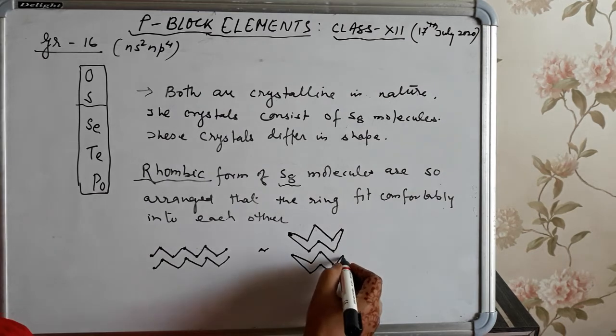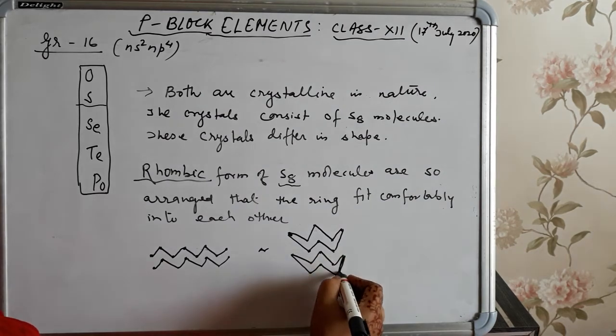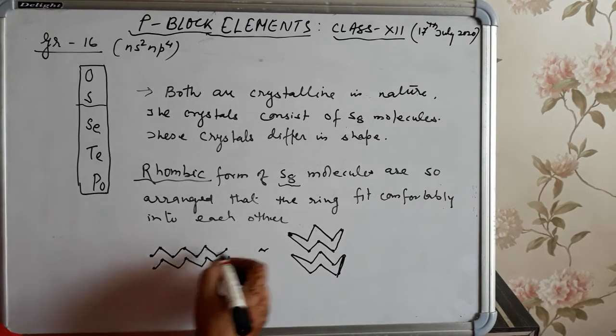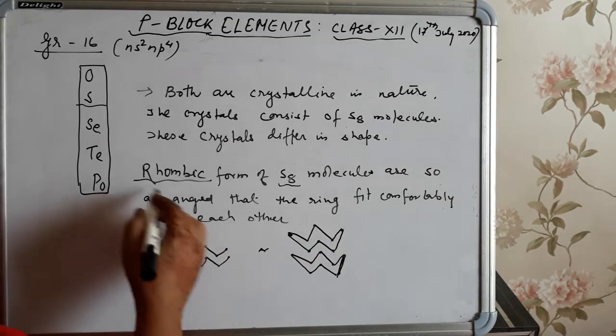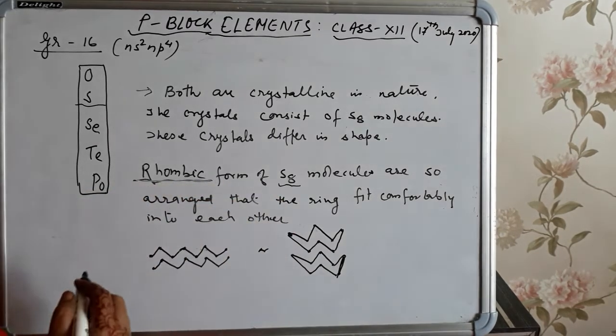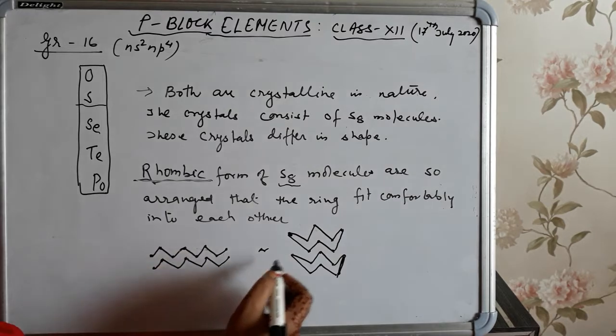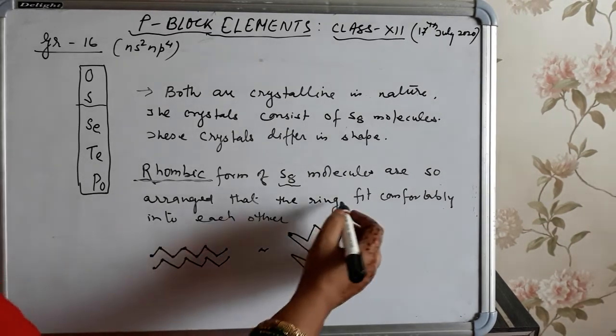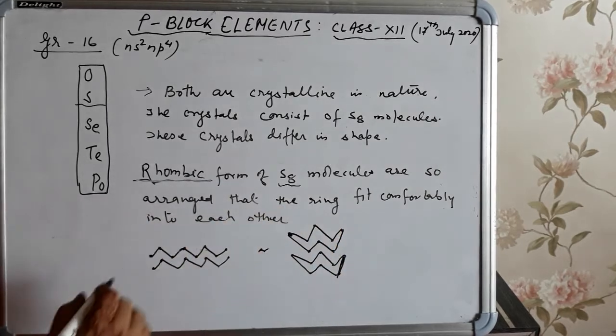This type of arrangement takes place in the rhombic form of S8 molecules. So in this allotrope, the arrangement is like this: the rings fit comfortably into each other.